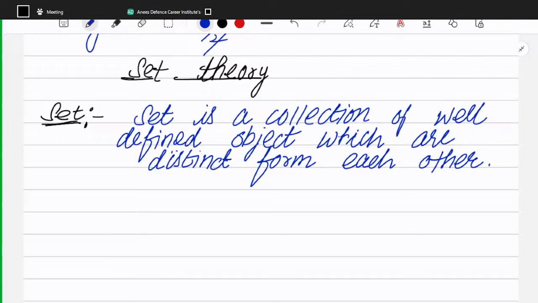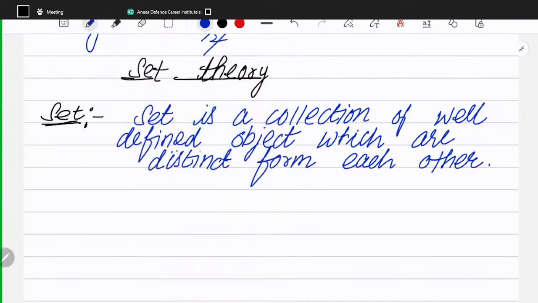Those properties which vary from person to person are not well-defined. Those parameters which are fixed for every person, that do not vary from person to person, are well-defined. So set is a collection of well-defined objects which are distinct from each other, means all elements are distinct to each other.